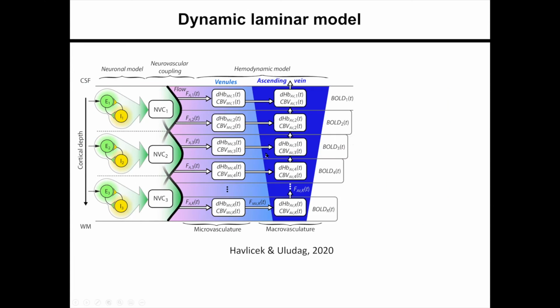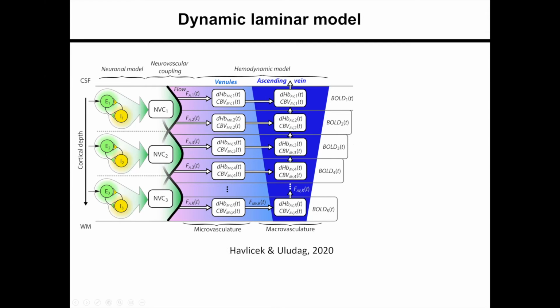The problem is that the deoxygenated hemoglobin has to be drained to the surface of the brain, which leads to the fact that if we look, for example, at layer 3, if we measure BOLD activation in layer 3, it's not only correlated to the changes of neuroactivity in layer 3, but also to the changes of neuroactivity in the bottom layers, because the deoxygenated hemoglobin of the bottom layers is draining towards the surface. And this model has been published just recently.